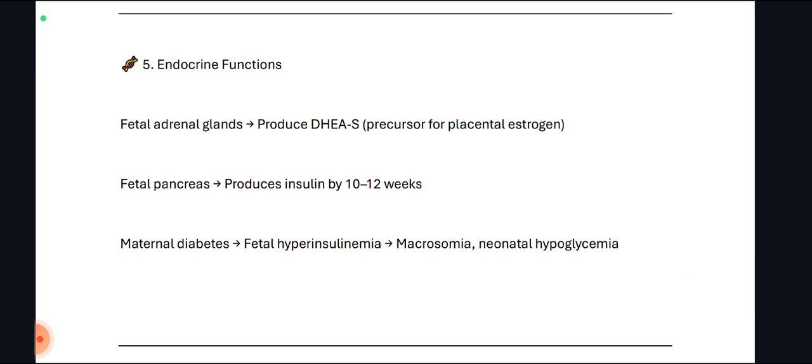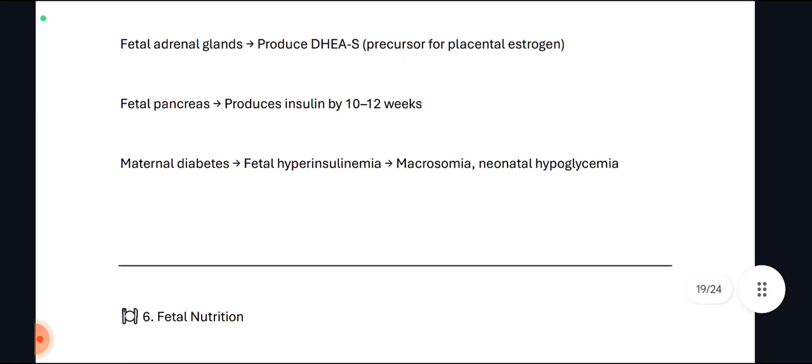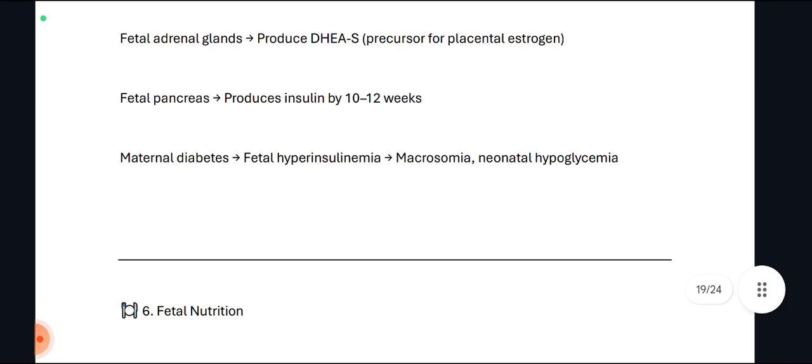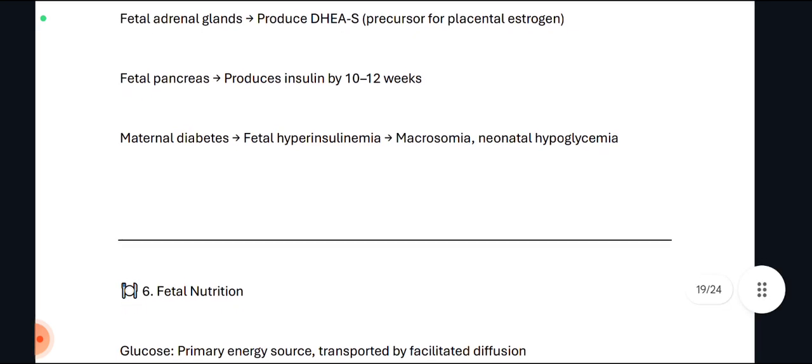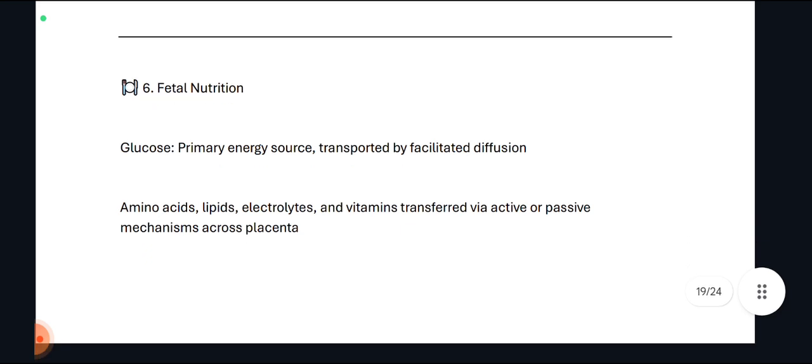Now the endocrine functions: fetal adrenal glands produce DHEAS, which is the precursor of placental estrogen. The fetal pancreas produces insulin by 10 to 12 weeks, and if the mother has diabetes, it can result in fetal hyperinsulinemia, and this hyperinsulinemic fetus will result in macrosomia and neonatal hypoglycemia.